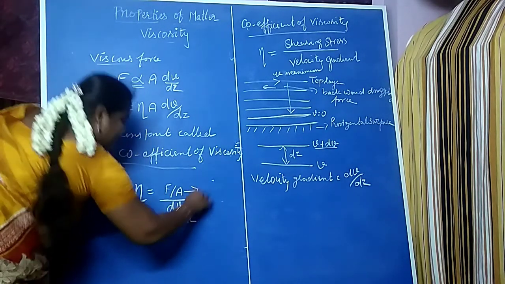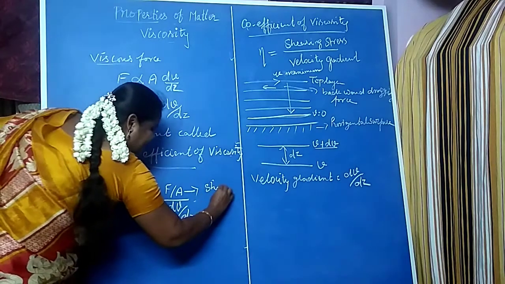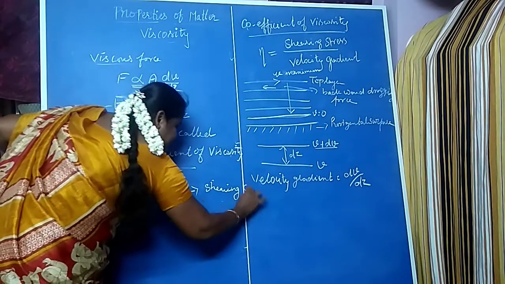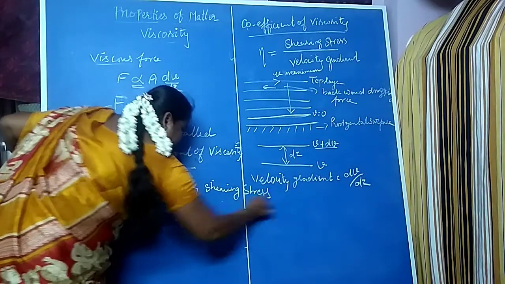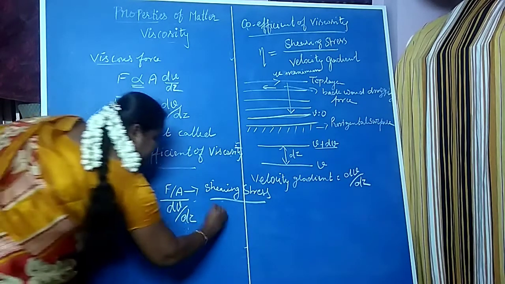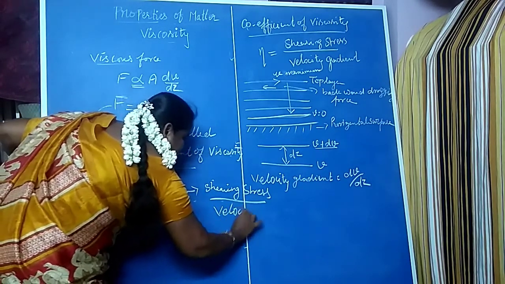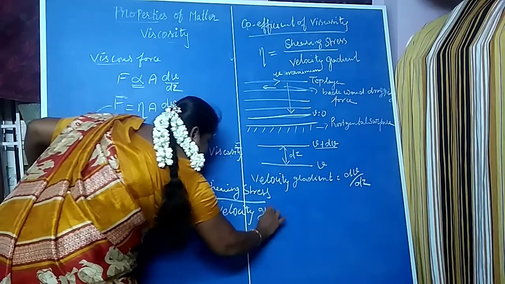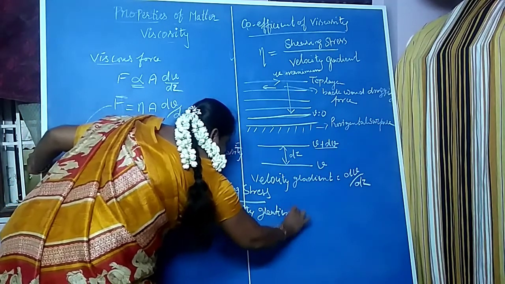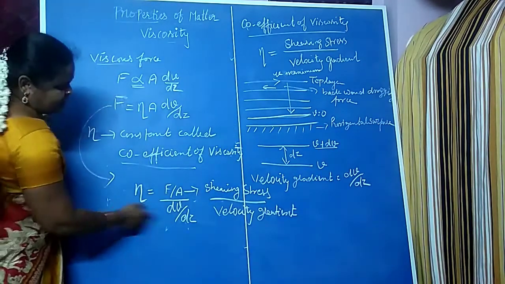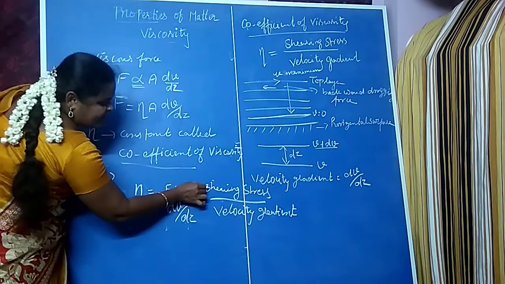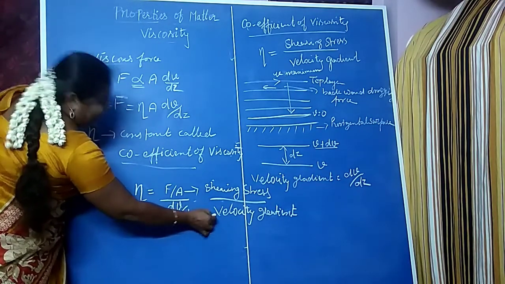Here F divided by A is the shearing stress and dv by dz is the velocity gradient. So the coefficient of viscosity is the ratio between the shearing stress to velocity gradient.